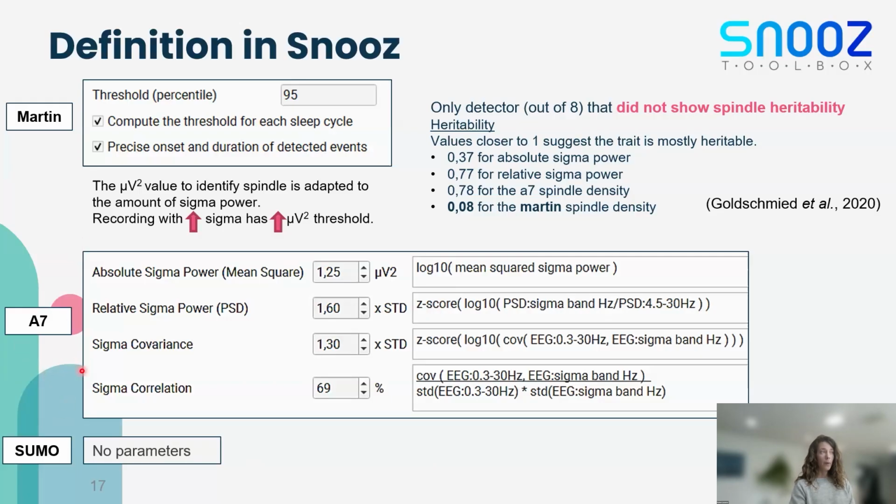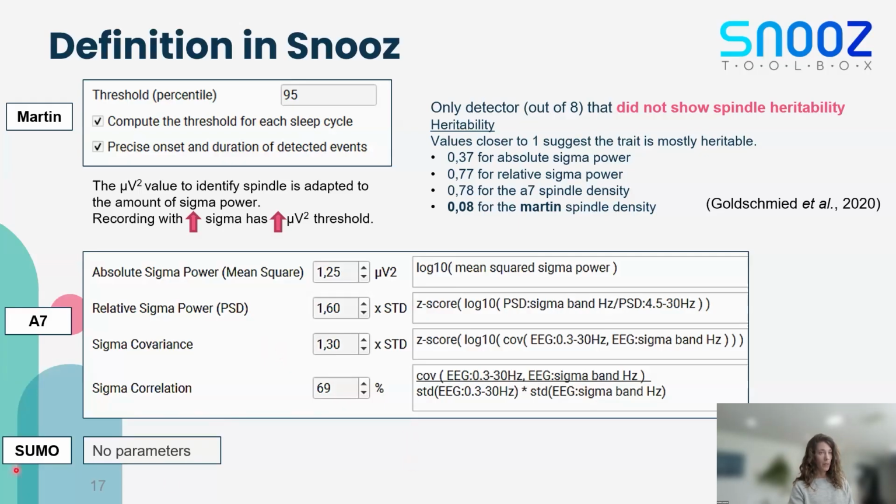A7 includes 4 parameters. The first one is the minimum amount of absolute sigma power required to identify spindles. And the 3 others describe different ways of characterizing how the sigma bursts emerge from background activity, and they are all normalized by the recording.